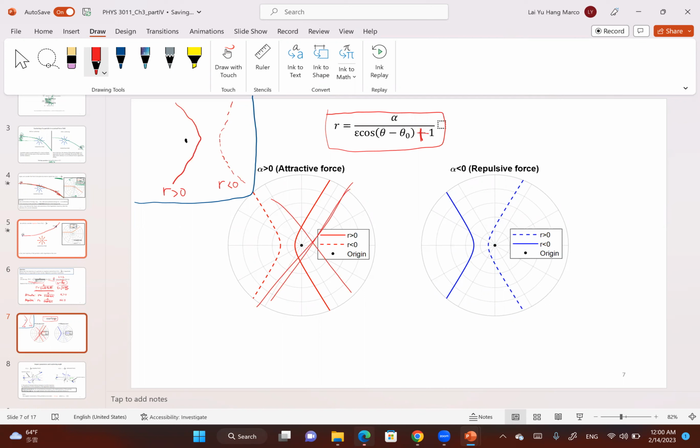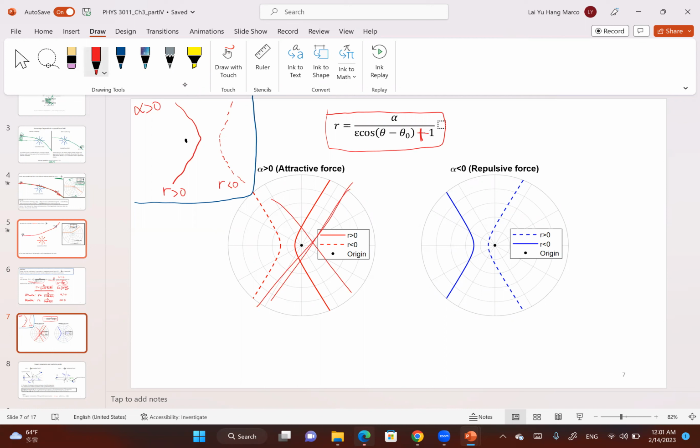So let's consider the case where alpha is greater than 0. If alpha is greater than 0 and I want positive R, then the denominator also has to be positive. But sometimes the denominator is actually negative.